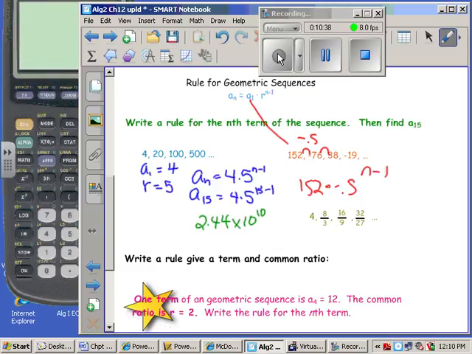To find a sub 15, a sub 15 equals 152 times negative 1/2 to the 14th. Why the 14th? Because it's 15 minus 1. You have to put the negative 1/2 in parentheses when you put it in the calculator, because if not, you get a negative answer, but it's pretty much 0.009.